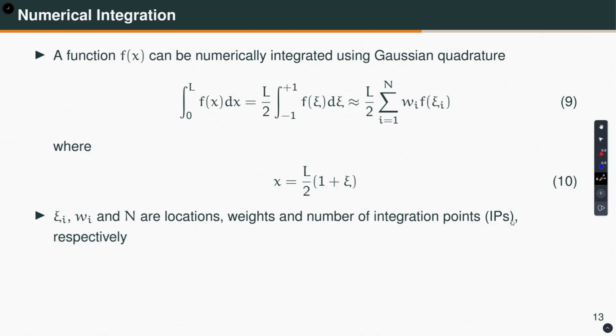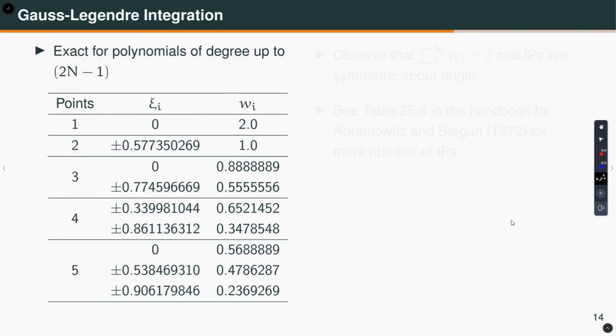Integration point means the number of cross sections that I am considering along the length of the beam. There are two types of integrations that are commonly used. One is called Gauss-Legendre integration and the other one is called Gauss-Lobatto integration. Gauss-Legendre integration is exact for polynomials of degree up to 2n minus 1.